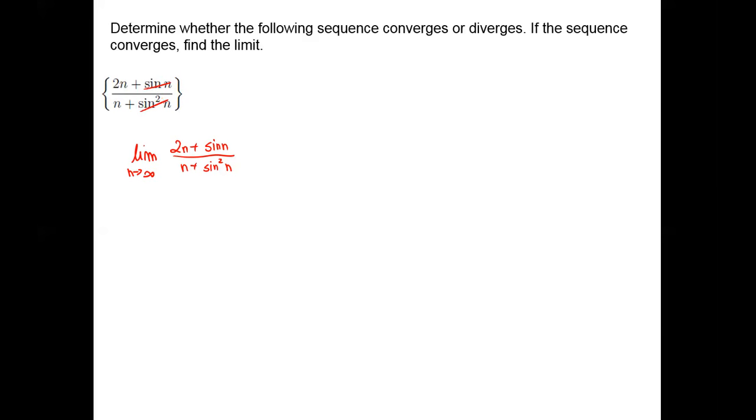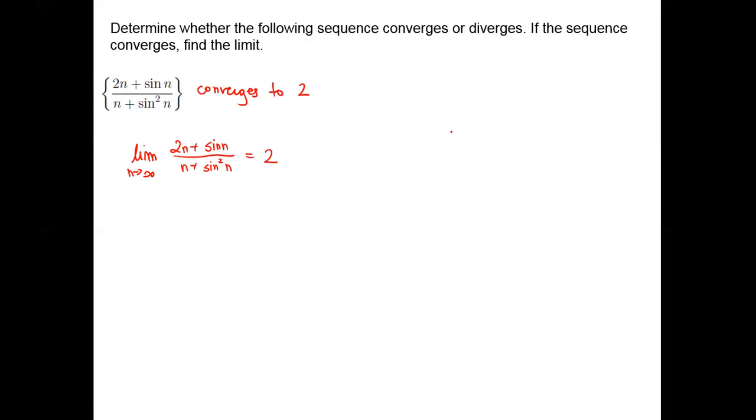The maximum value is 1. That means they theoretically do not matter at infinity. That means the only leading functions are 2n and n. The ratio of the leading coefficients is 2. That means the limit is 2. The sequence converges to 2. But as I said, let's actually apply the squeeze theorem.